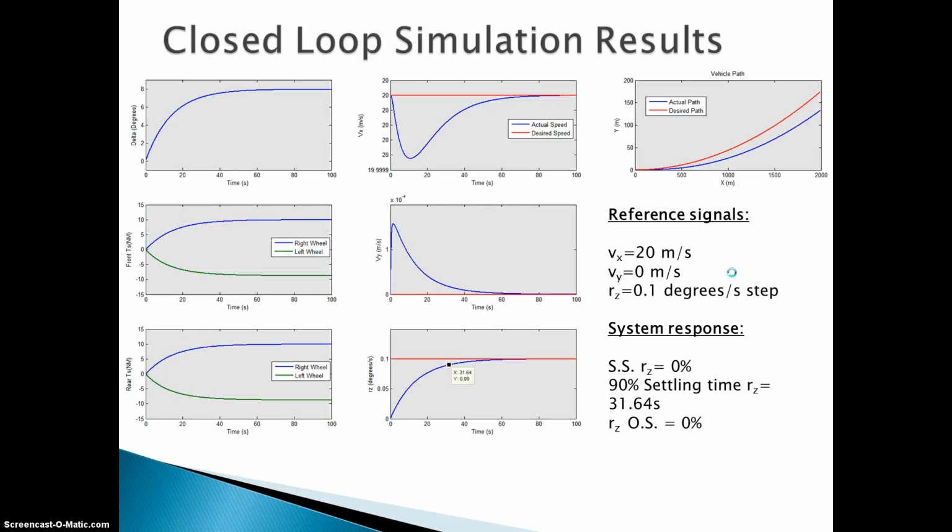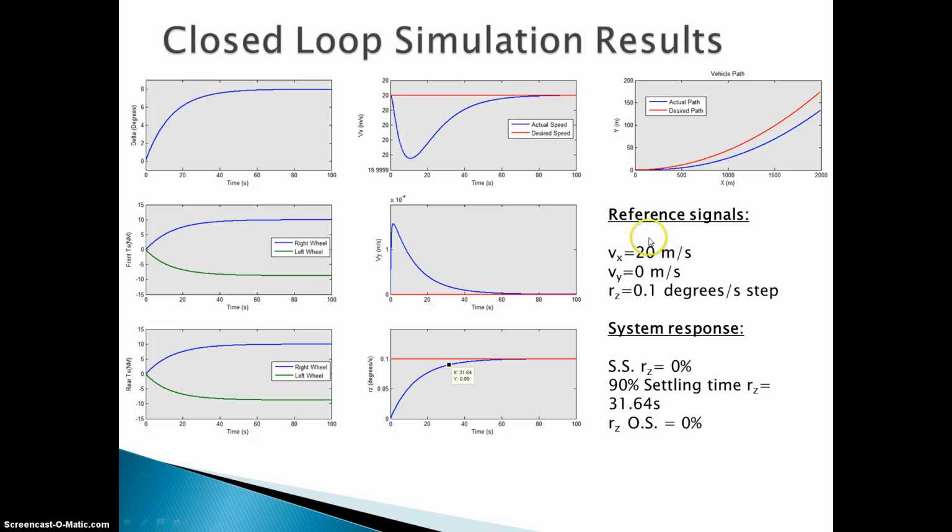Then we tried to change the other inputs to our system. We input a 0.1 degree per second step to our Rz while keeping the longitudinal speed at 20 meters per second.